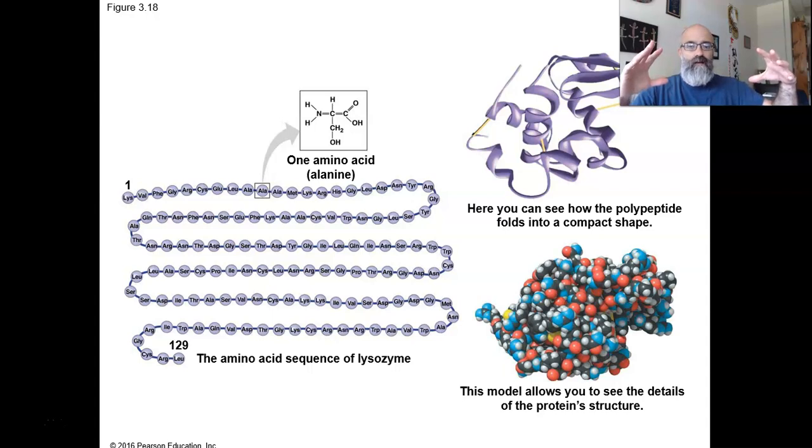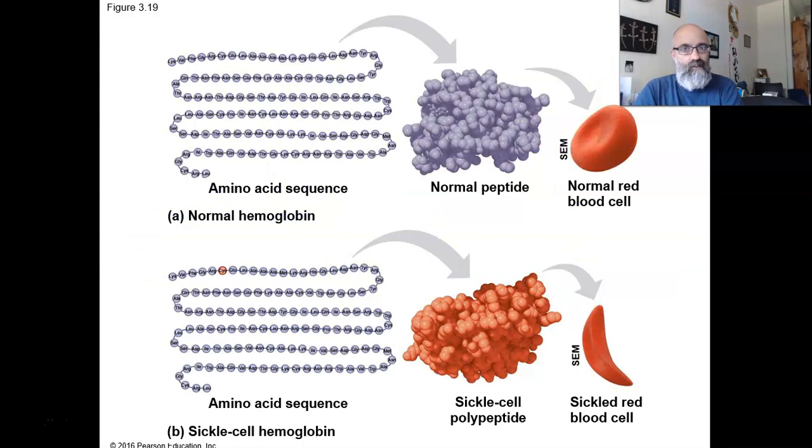Okay, and so we see on the bottom right here the final folded structure of this protein, and the way it folds up is determined almost entirely by the sequence of amino acids, which you now know is determined by the sequence of the genetic material, those bases in your DNA. Okay, so the sequence of amino acids is important because it ultimately determines the shape of that protein, and the shape of the protein determines its job.